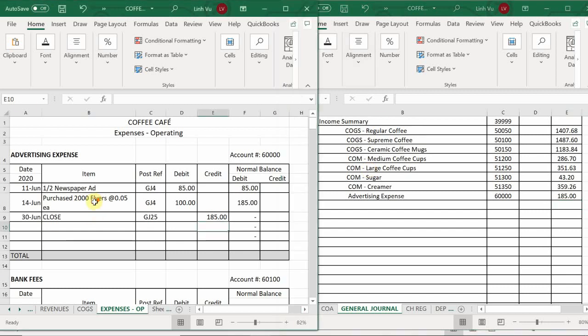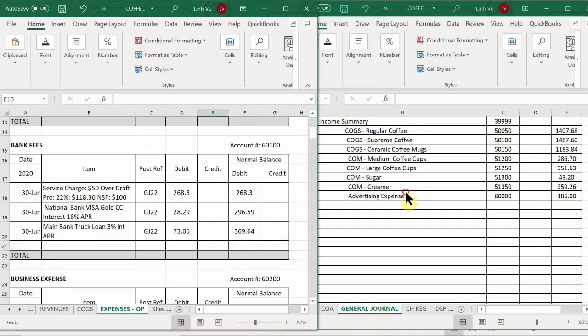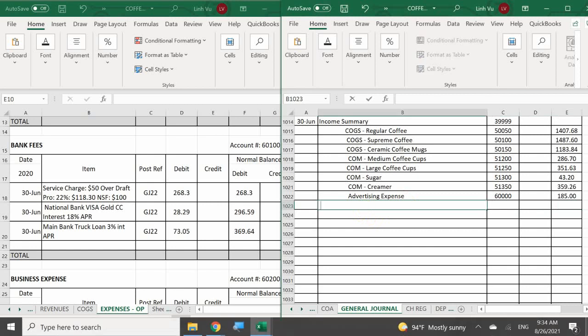Next is going to be bank fees. Okay, which is account number 6060100. And how much are we going to be crediting my bank fees for? 369.64.